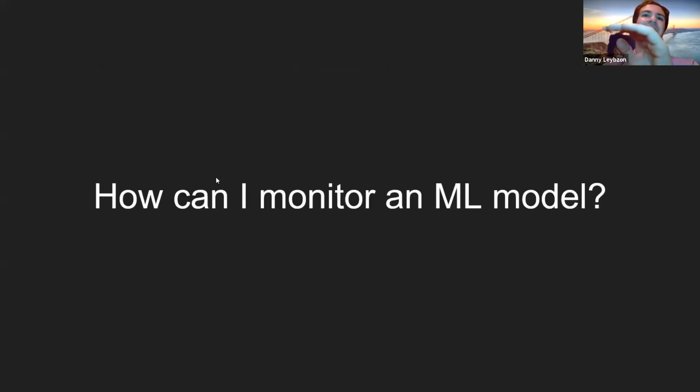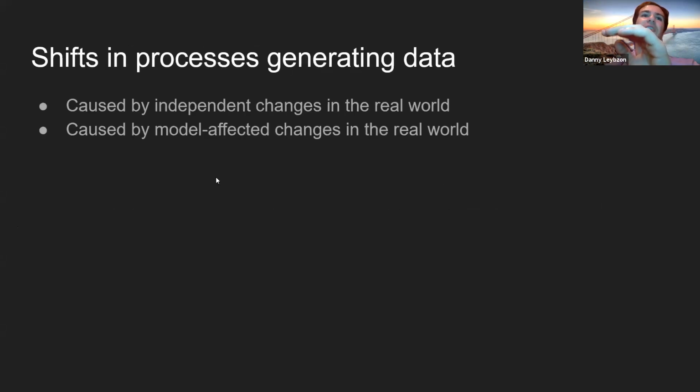I think also, Joy Toy, maybe there's a little bit of confusion based on the COVID is the new normal. When I talk about the COVID change, that's actually an independent change rather than a model-affected change. So you're totally right that Netflix should take into account the new normal of COVID when it's trying to generate a model.